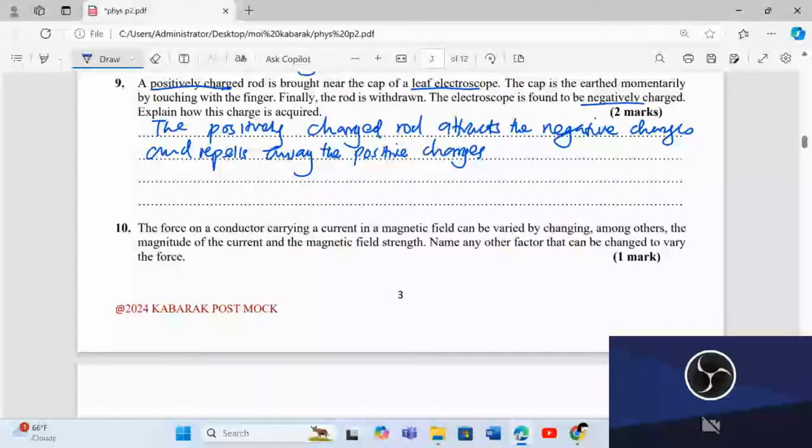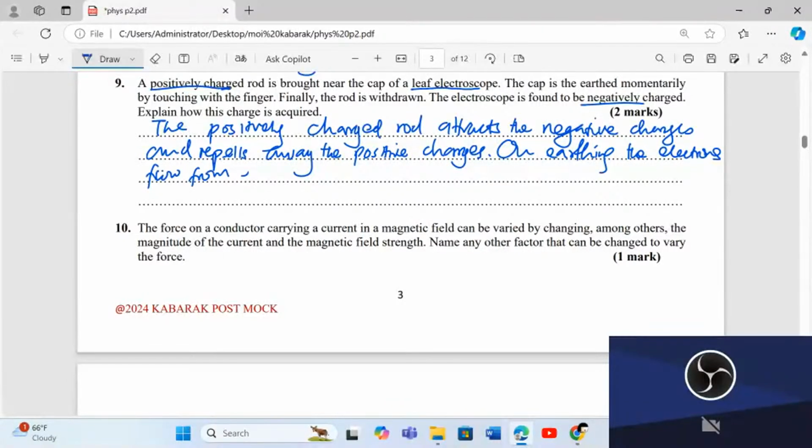so now we are in the next step of earthing. The electrons flow from earth towards the cap. And this is the cap of the electroscope.